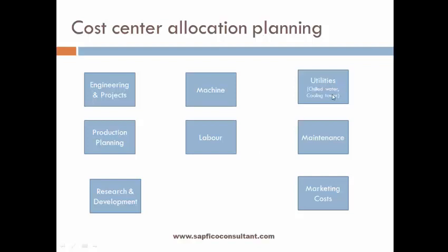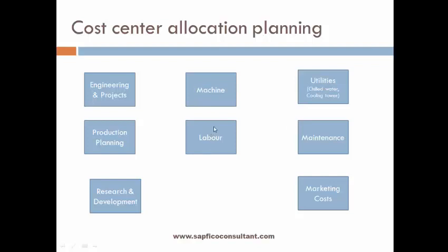Now, utilities are service cost center, maintenance is a service cost center, engineering and projects, production planning is a service cost center. So all of these costs from these service cost centers will either fully or partially be allocated onto these machine and labor cost, so that the cost is getting updated.